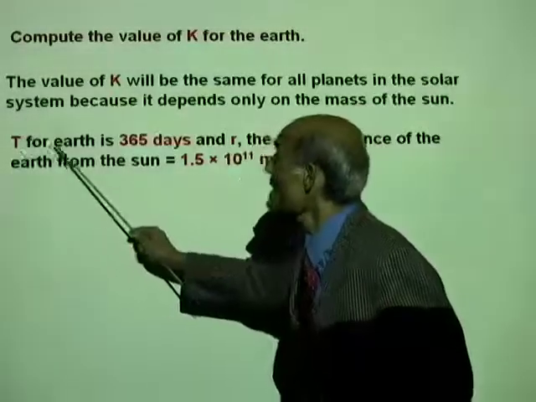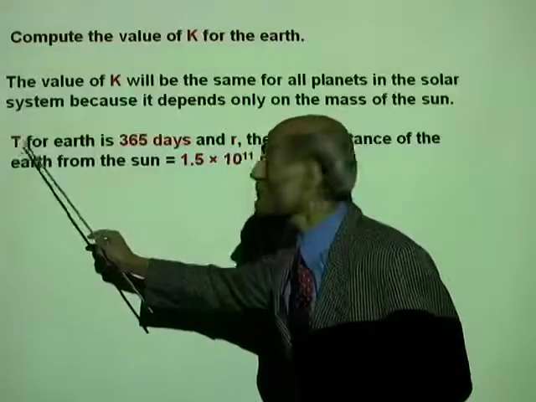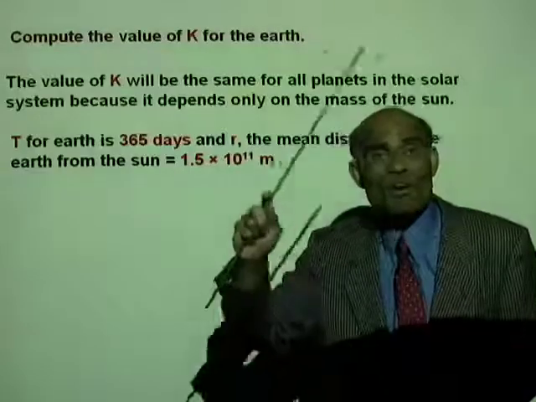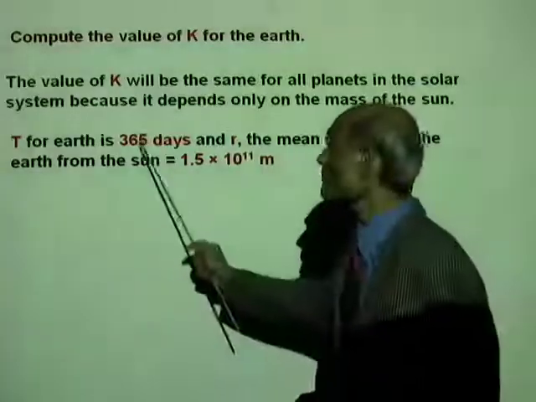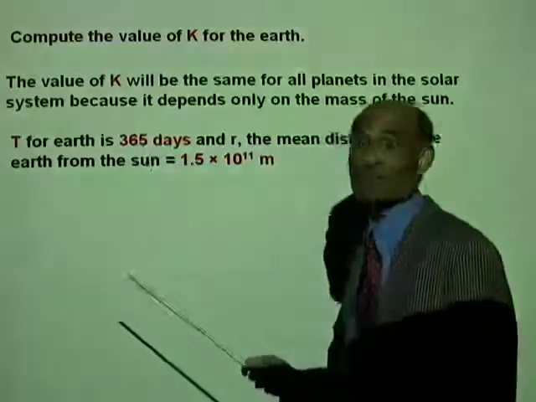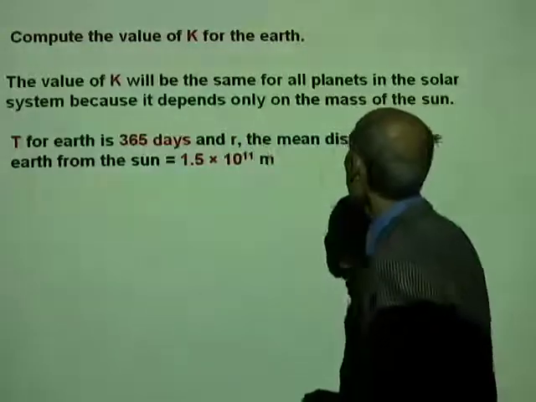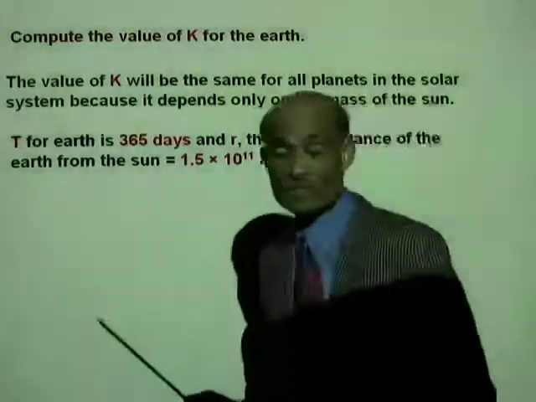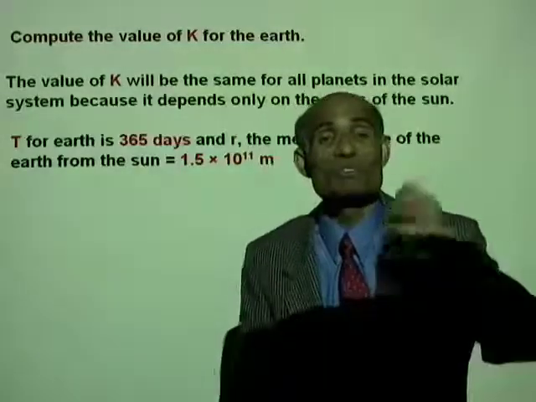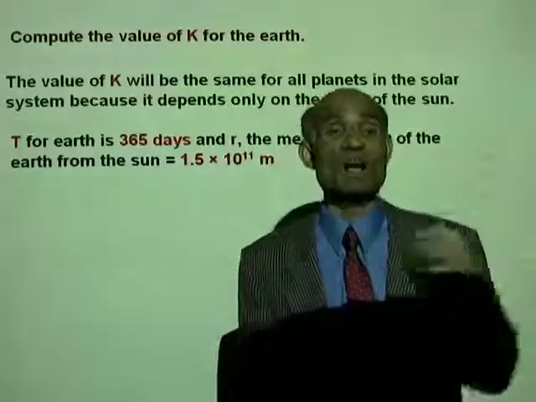If T is the T for Earth, what is the period of Earth? The period of Earth is 365 days. And r, the mean distance of Earth from the sun, is actually a constant value which is used very often in astronomy.